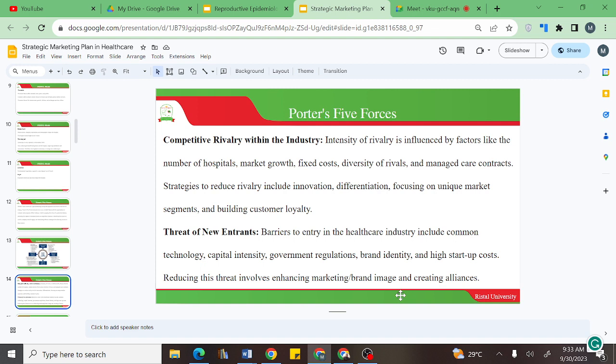That means you need to strategically create partnerships, collaborations or alliances such that you really establish yourself, and it's very difficult for a new entrant to come in and dislodge you from the market.